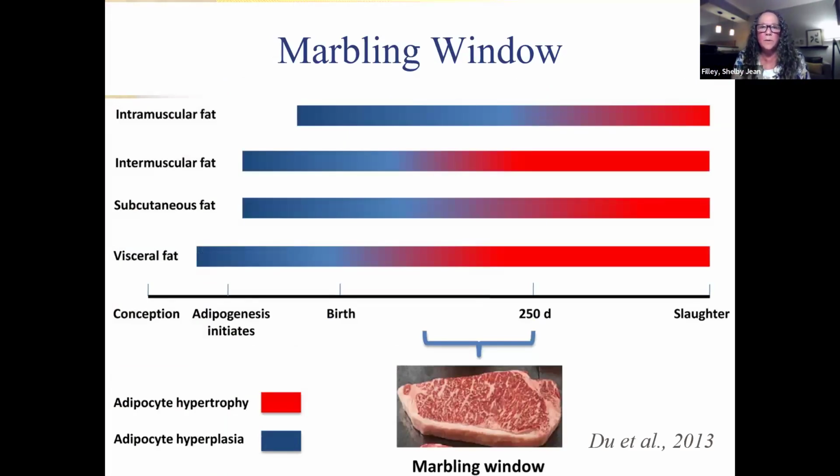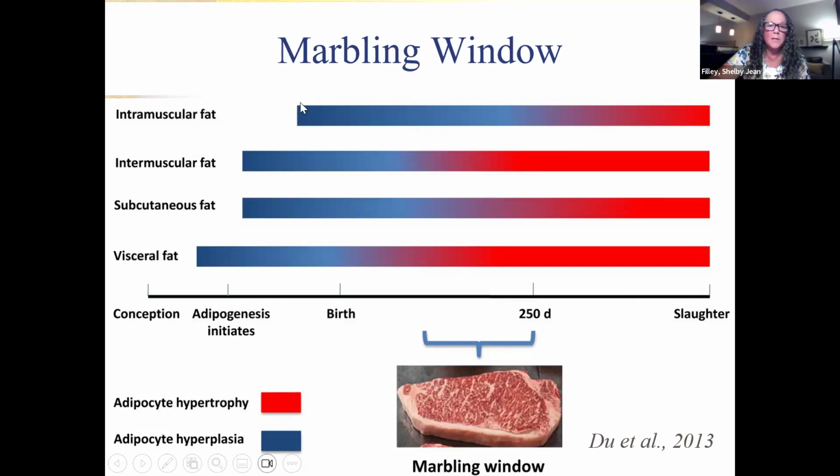So Dr. Du and others at Washington State University found there's this marbling window, right? And we usually look at it as somewhere later in that calf's life and at slaughter. We can look at the adipocytes, so the fat cells: hypertrophy, how big they are, and hyperplasia, how many there are.